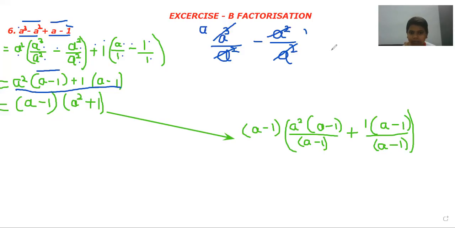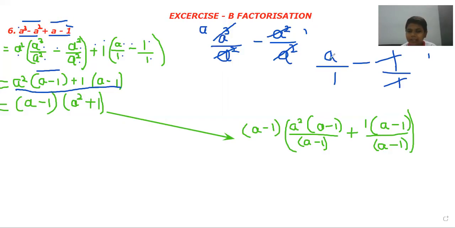Then comes the next one. It says a by 1 minus 1 by 1. Here 1 and 1 cancel, so we keep 1. Then here it is a little tricky.